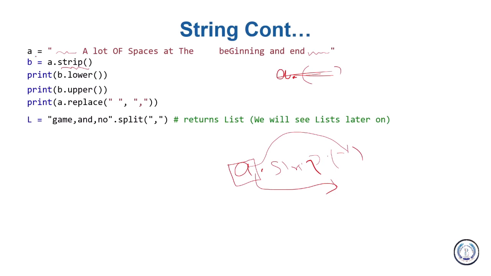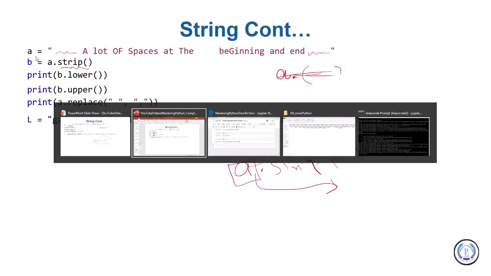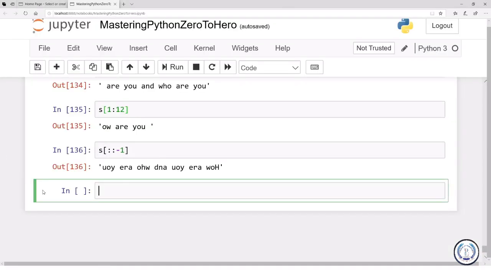So let's see the running form of this strip function in our friend Jupyter Notebook. Let's say a is a string variable. Let's say a lot of spaces, a, b, c, d, e, f, a lot of spaces, then h, g, q, and whatever, and then a lot of spaces.